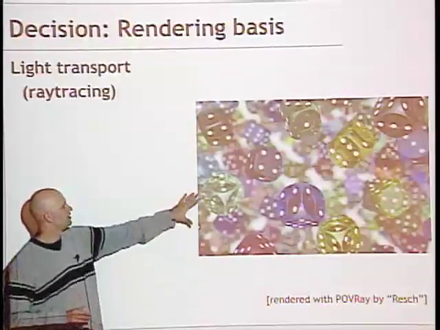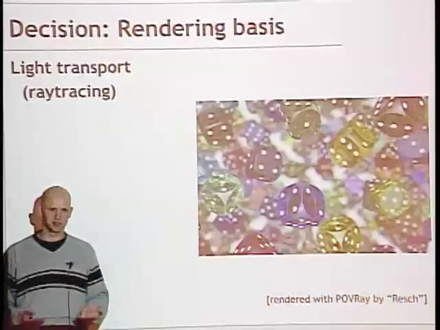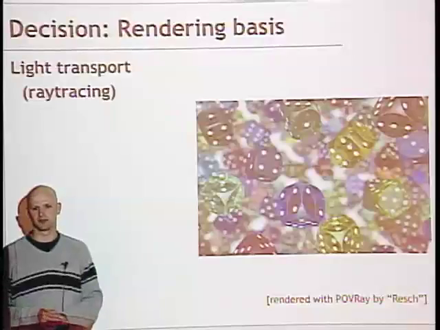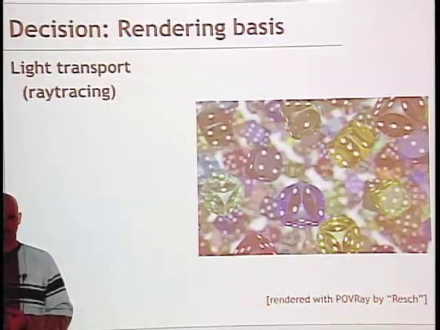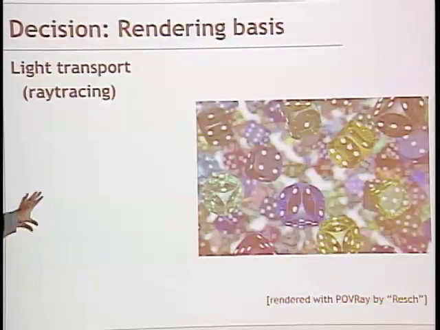And so people have started to look at doing real-time ray tracing, but anybody who's seen the pictures knows they just don't look as good as what you can do in real time using graphics hardware. But the GPU companies are very interested in being able to do ray tracing kind of effects in real time, and that's a really big area of research right now. Okay, so this is not what we chose. This is not what we do for real-time rendering.